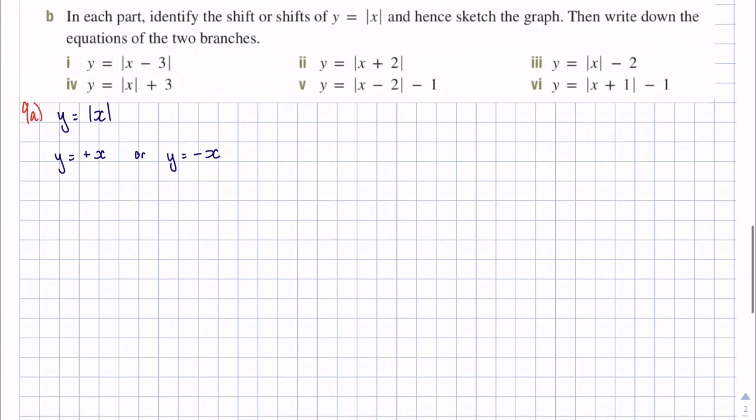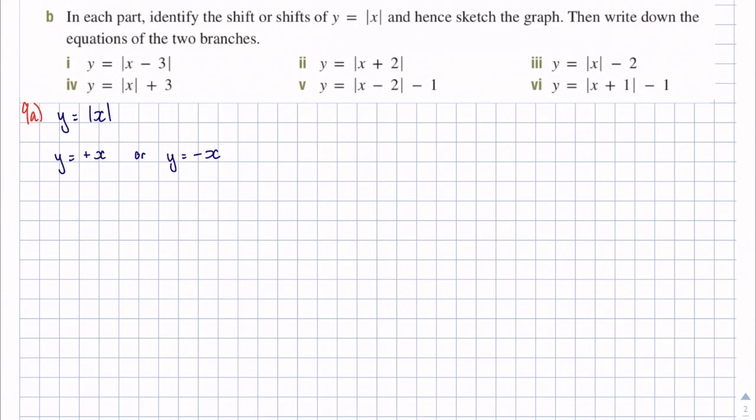Anyway, this means y equals positive x or y equals negative x. You may be like, but which one is it? It's both, but in different places. If I just have a look at the graph of y equals positive x first, its y-intercept is 0, and it goes up with a gradient of 1.